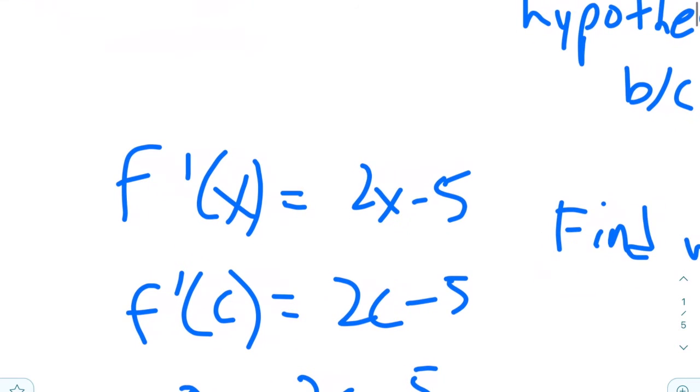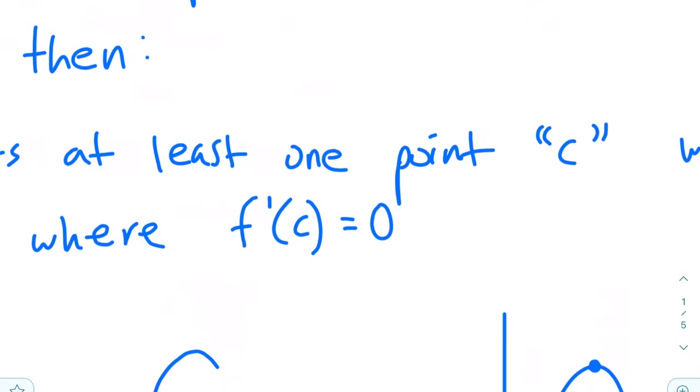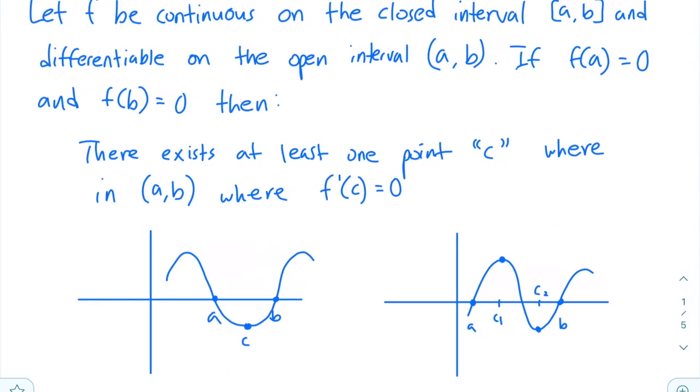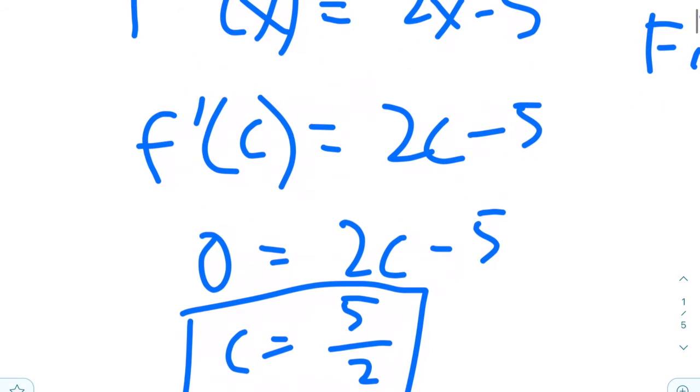So f prime of c is equal to 2c minus 5. Because there is a c value at which the derivative is 0, we can substitute 0 for f prime of c. Now we're left with 0 equals 2c minus 5. So we solve for c, and we get c is equal to 5 over 2.